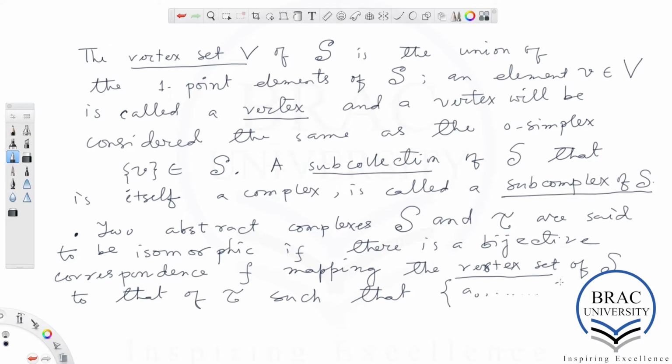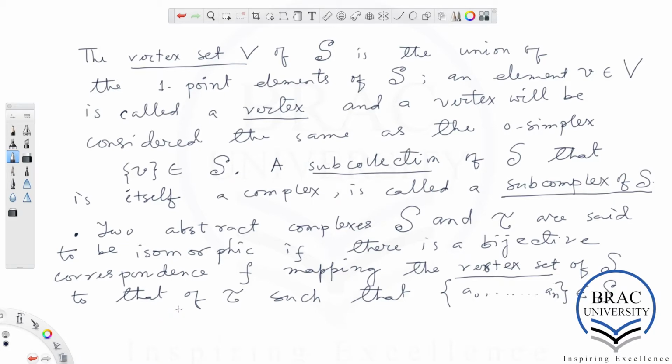whenever the set from a0 to an is an element of this abstract simplicial complex S, well, it holds in both directions, so we better phrase it this way.